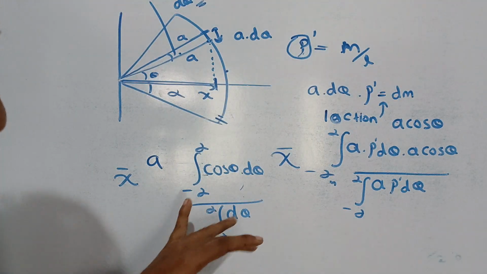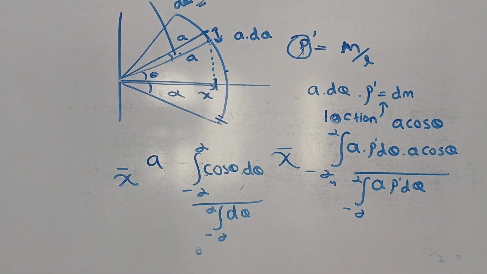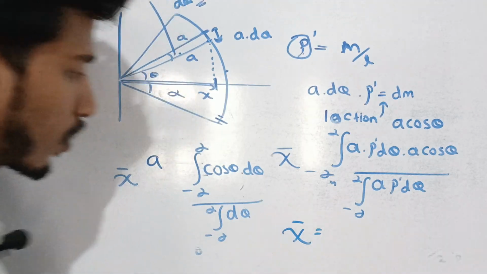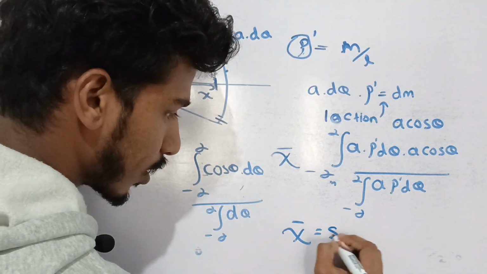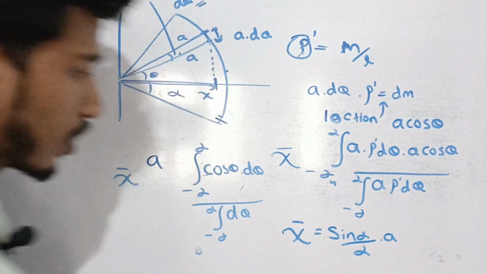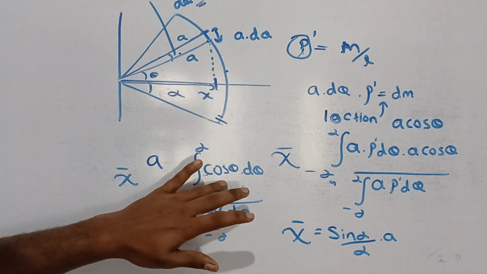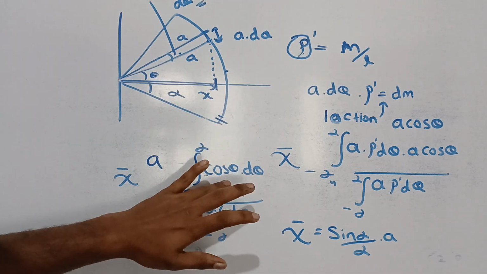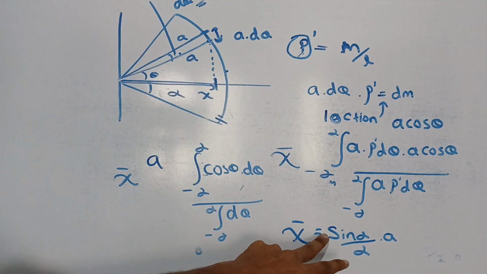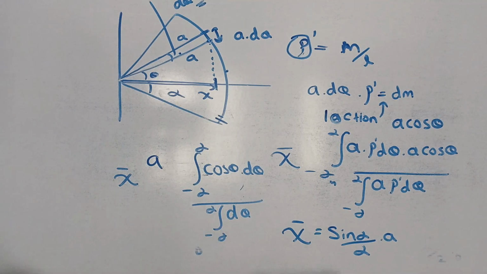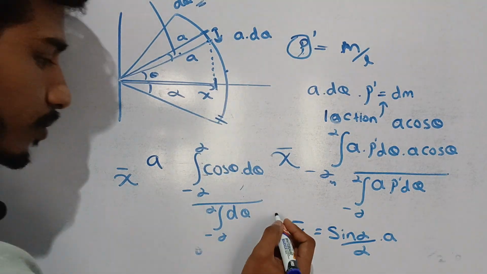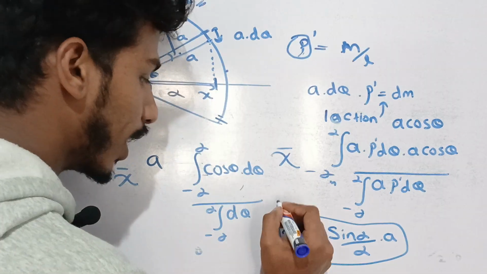Applying the limits, we get 2 sin alpha on top and 2 alpha at the bottom. The 2 cancels off, and the center of gravity is a sin alpha over alpha, into your radius, for a uniform arc, not a sector.